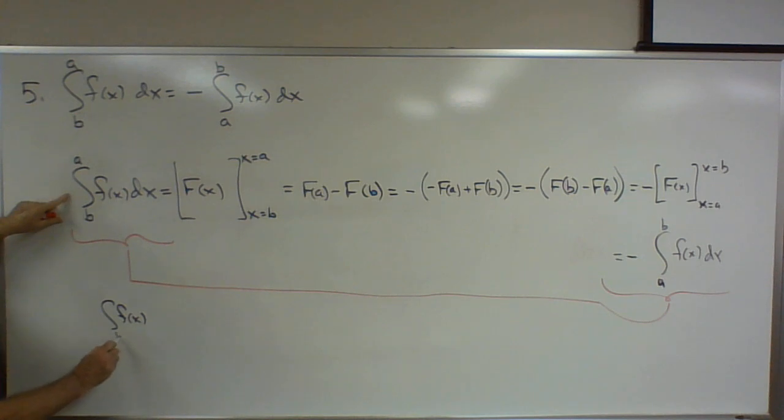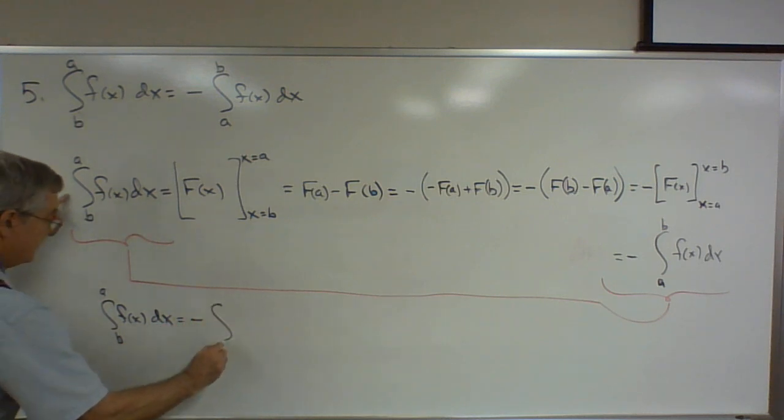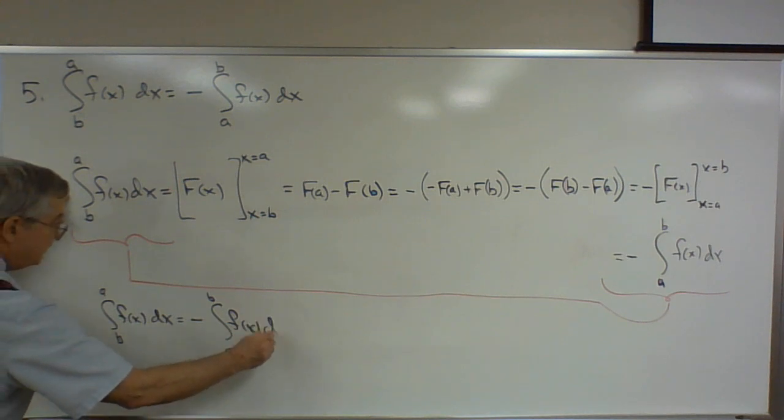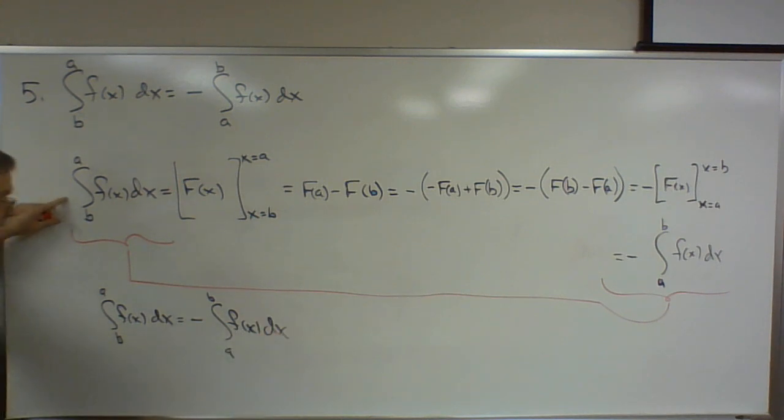The integral from b to a of f of x dx is negative the integral from a to b of f of x dx. So arithmetically, that's how it works out.